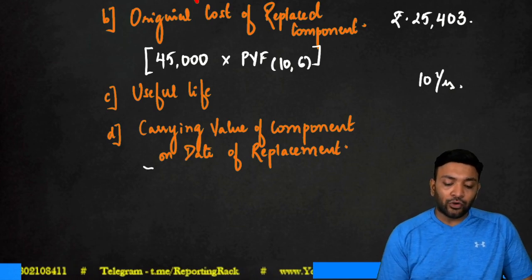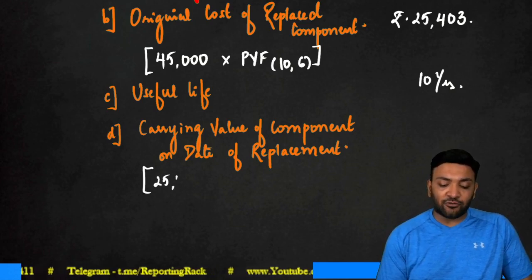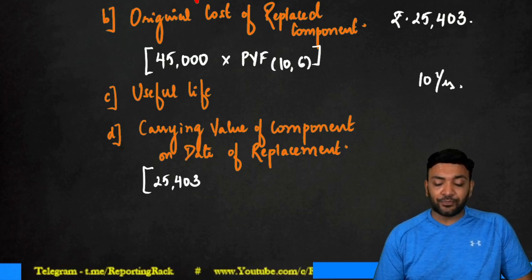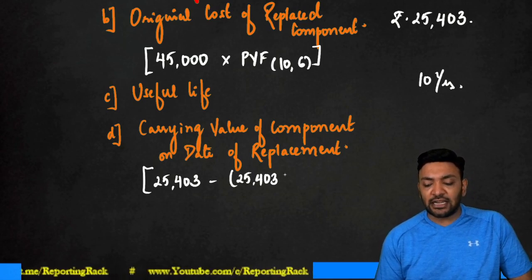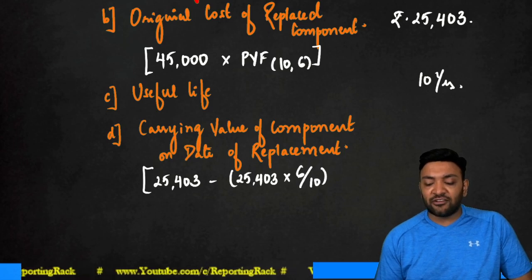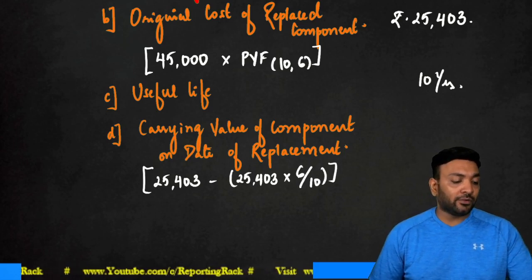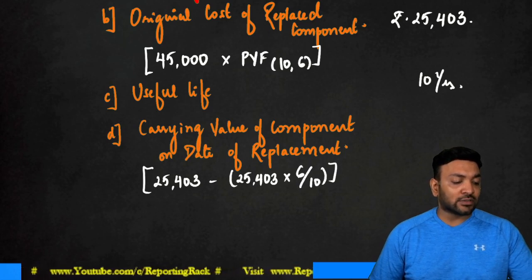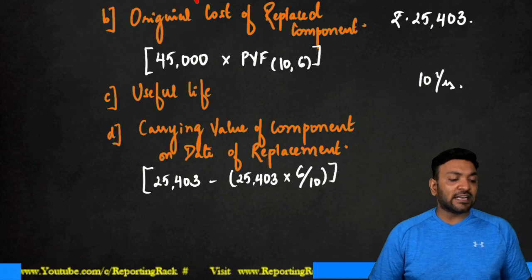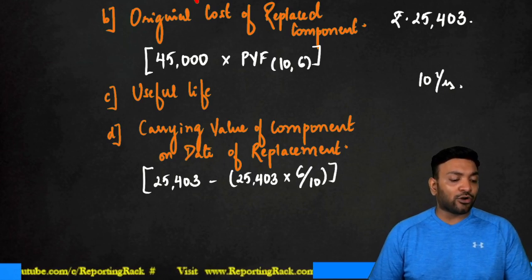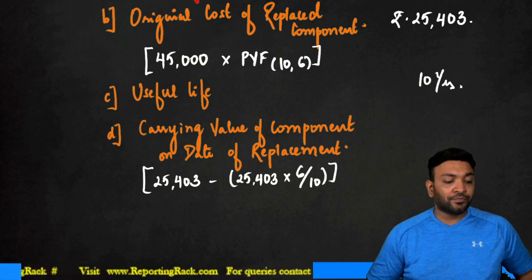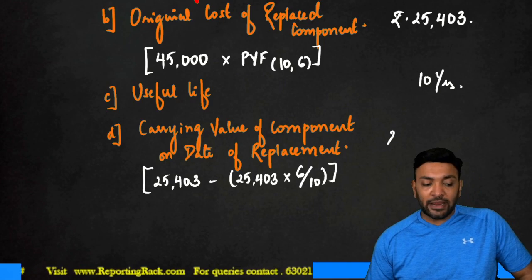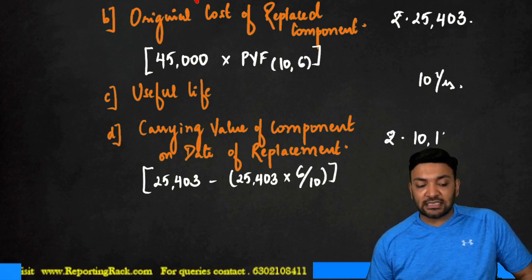Use your formula. The original cost is 25,403, approximately, minus 25,403 depreciated over 6 years when the total useful life is 10 years: 25,403 into 6 by 10. The depreciation is 15,241 or 242. The answer would be 10,161.